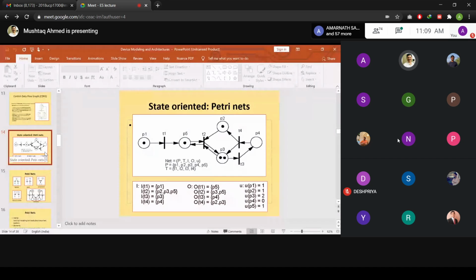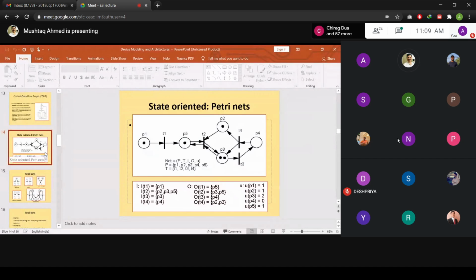If the token is available, in that case it can move in a directional path, from one position to another position. So as you can see over here, P1 has one token, and if the transition T1 gets triggered, in that case this token would move to P5.